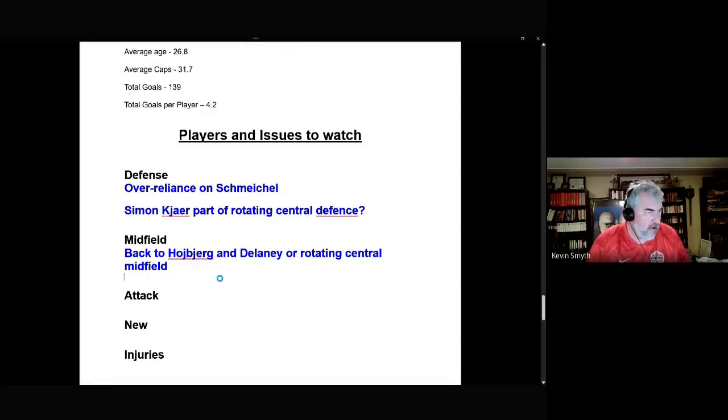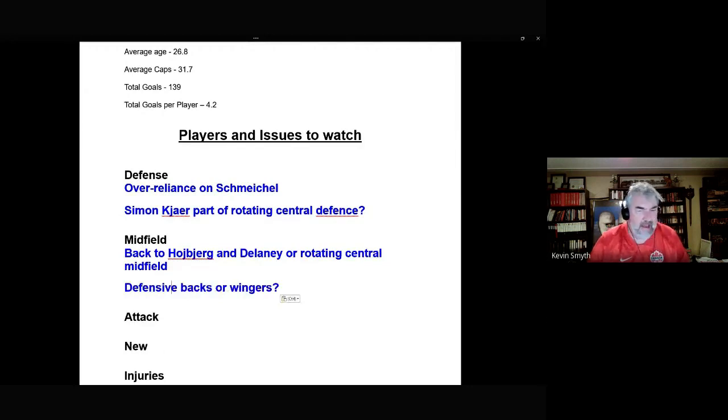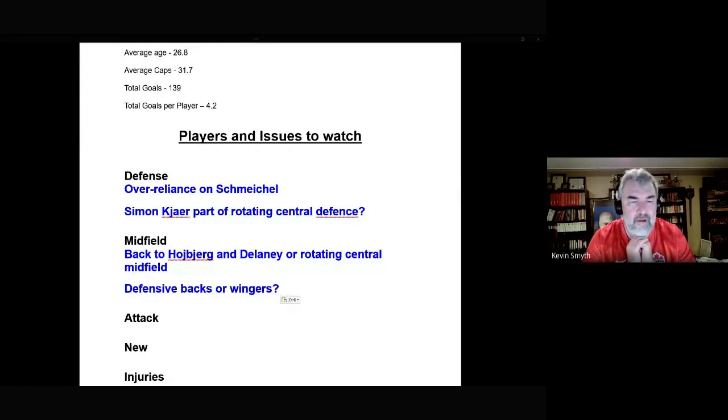We've seen that on the wings, it's mostly the defensive backs, the right back and left back, who are moving up to play in the winger role. So that 3-4-2-1 formation, which they've used more than other formations, has these outside backs playing as wingers, but it doesn't actually allow for the central attacking midfielder, which we'll get to in a second.